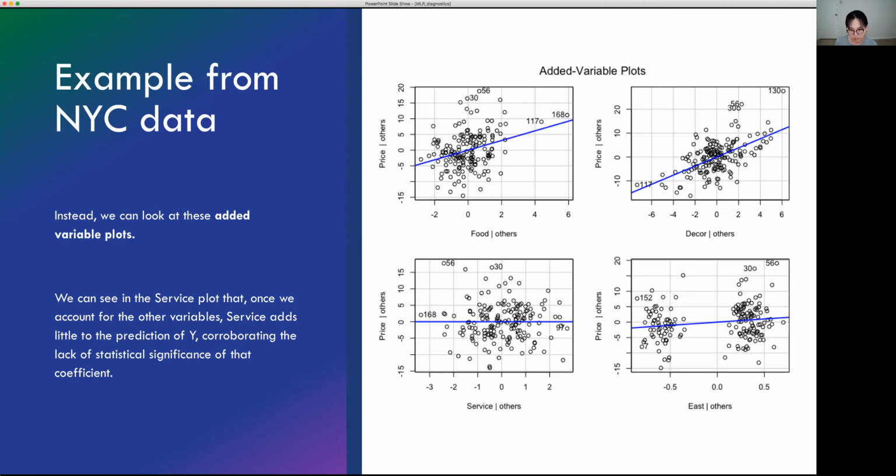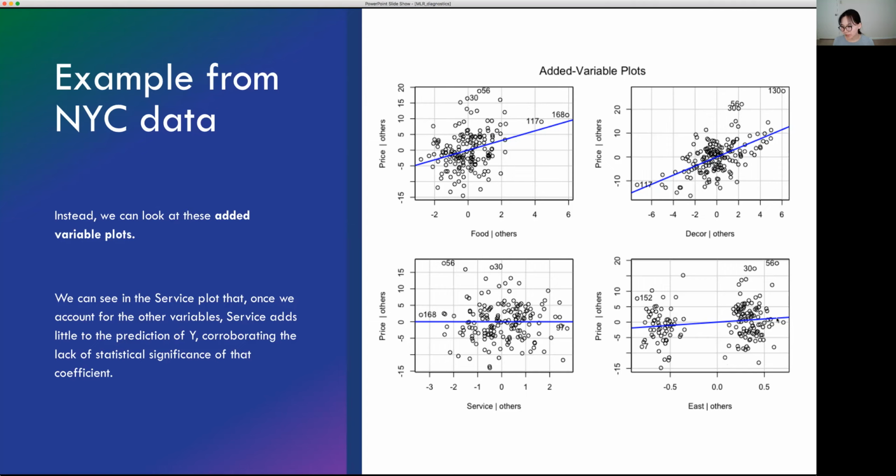So that's saying there is no real statistical significance for this service coefficient, while the others have added some effect to predicting price after adjusting for other predictors. Basically, if it's a horizontal line, that means this predictor is not contributing much. If it has a larger slope, that means this is an important predictor for your multiple regression model.